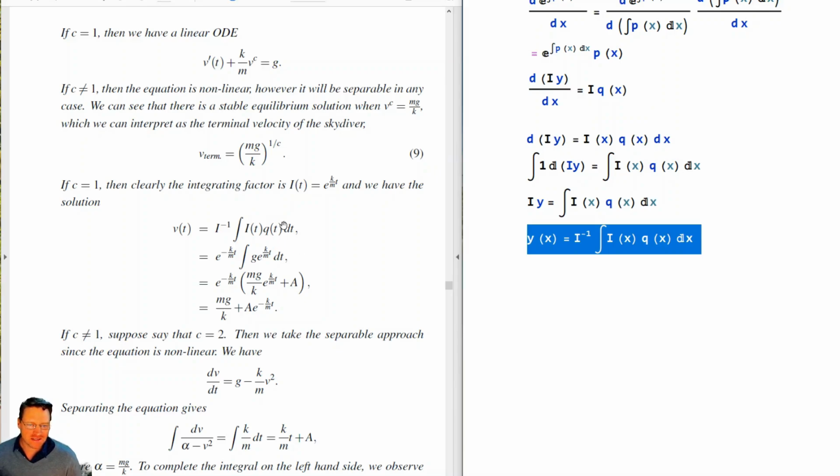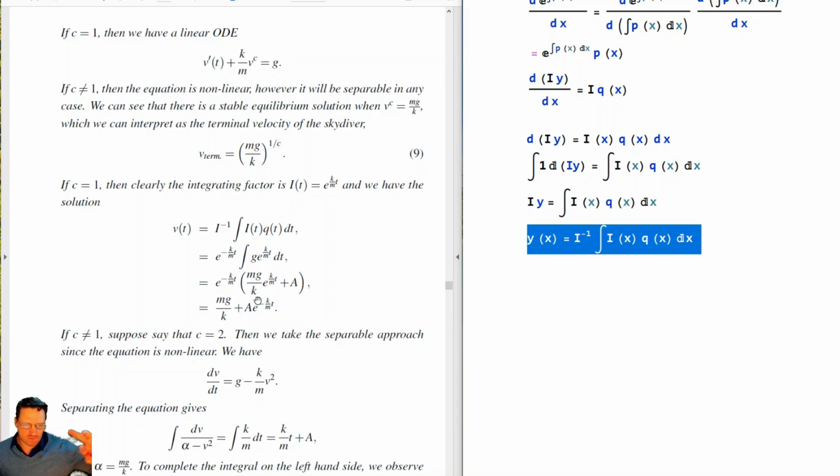Now q of t in our case is just g, which is constant. We worked out that the integrating factor here is e to the power of kt over m. Okay, so that's right here. And so we've got to integrate g times e to the kt over m. Right, but that's a very easy integral. It's just mg over k.